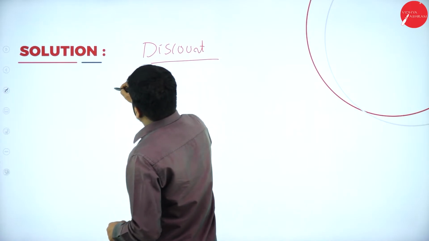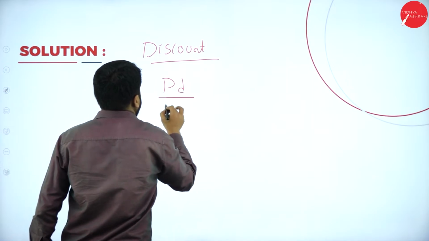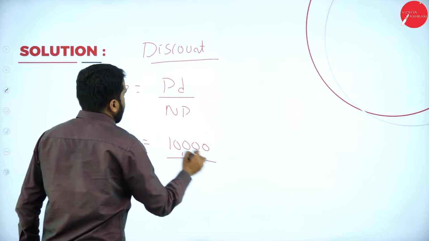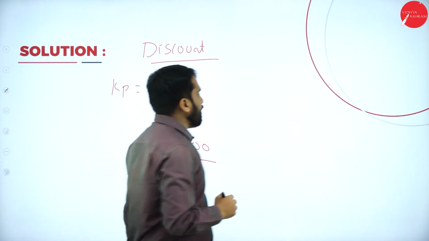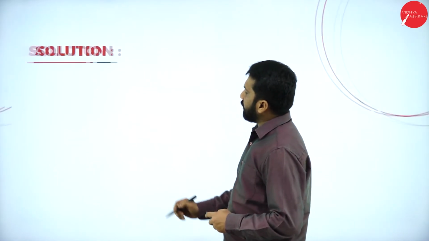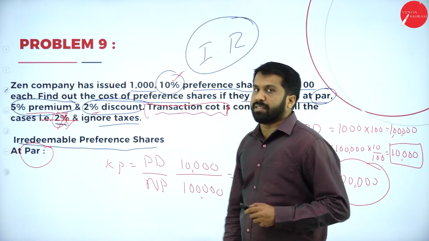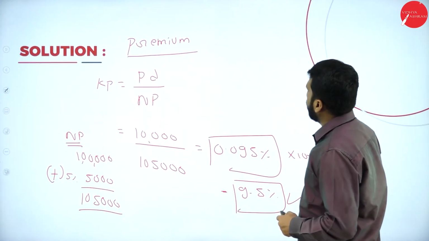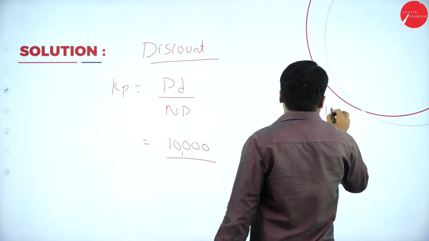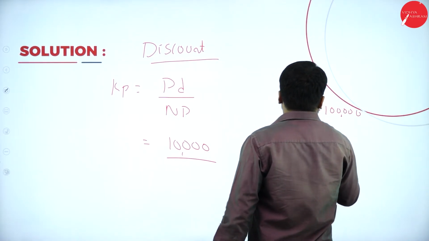Now, I'll go for discount. Discount is very simple. Your KP is equal to PD divided by NP. PD will not change. It will remain 10,000. What is the NP? NP, it is very simple. As per this, NP is 1 lakh. What is the discount? We have a 2% discount. So NP is 1 lakh minus discount 2%.